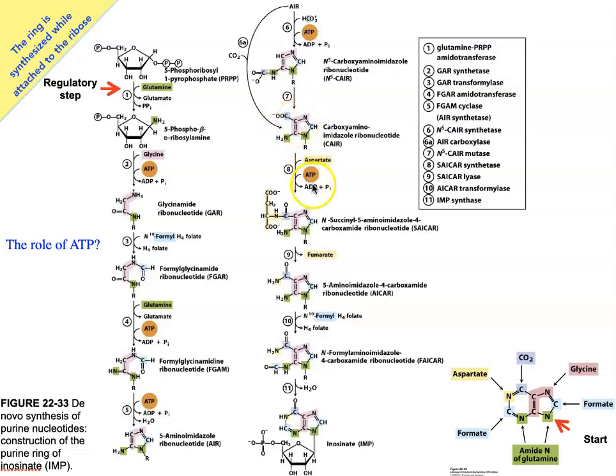Later on, we have an addition of another amino group from aspartate, and fumarate is released, and then N-formyl tetrahydrofolate donates one more carbon, and then the 6-membered ring structure of the purines is closed at that point. The base here is none of the bases yet that we normally recognize as purines. This is inosine, inosine monophosphate to be precise.